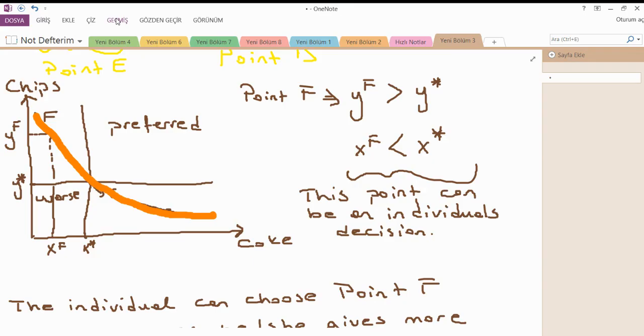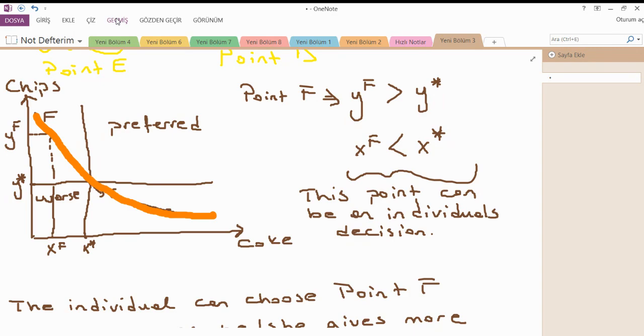Or I can be happy if I'm more thirsty that day. I can be the same happy if I eat only half a plate of chips and 3 Cokes, okay. So there are some points that every consumer is indifferent in choosing, because he or she is going to think that it is going to give the same utility level.